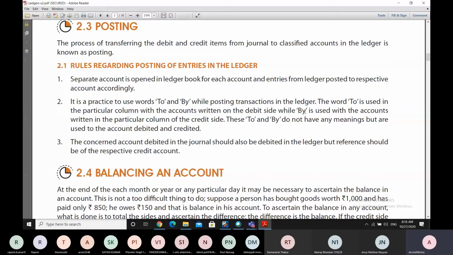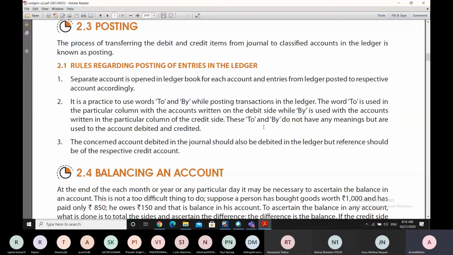So on the left side we start with to, on the right side we start with by. These words to and by do not have any meanings as such, but they are just in usage, that whenever we debit any account, we start with to, and whenever we credit any account, we start with by.